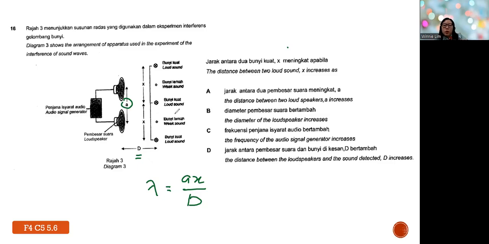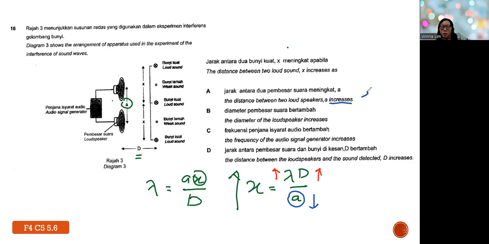Now they want you to relate what happens when x increases. So we make x the subject: x equals lambda D over a. For x to increase, either the distance D increases, or you increase the wavelength, or you decrease the distance between the two speakers. Option A: increases, so wrong.